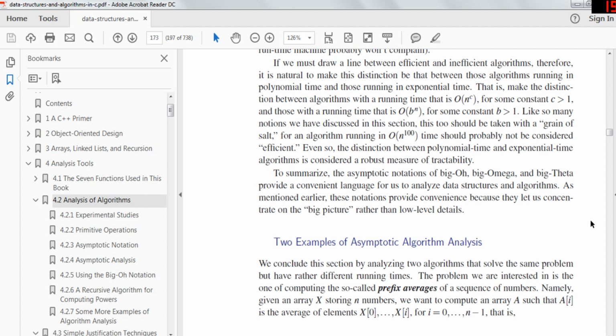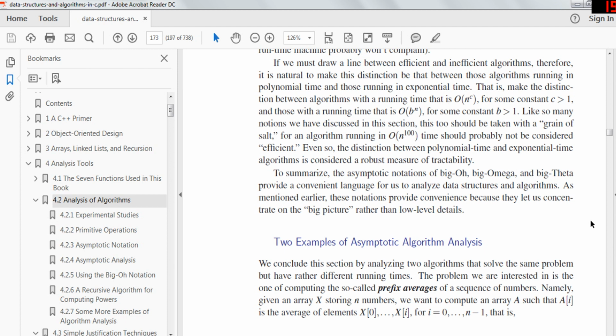Like many notations we have discussed in this section, this should be taken with a grain of salt. An algorithm running in n to the 100 time, though polynomial, would probably not be considered efficient. The distinction between polynomial time and exponential time is characterized by robust tractability. All they're saying is just to take it with a grain of salt, okay?